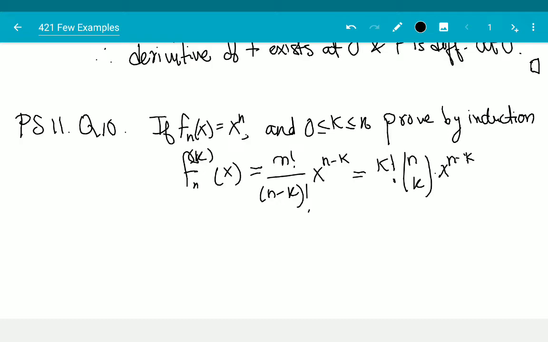Well, the fact that n factorial over n minus k factorial is exactly equal to n choose k times k factorial is trivial. So I will just show this part. You have seen that this is equal to the right hand side before. Proof.